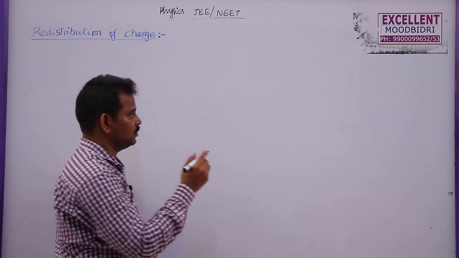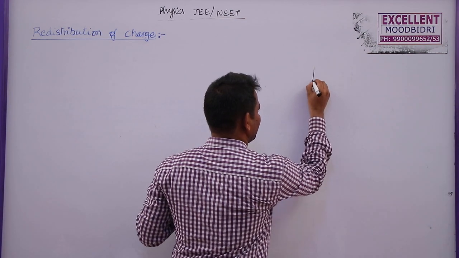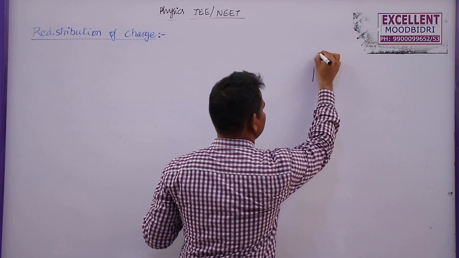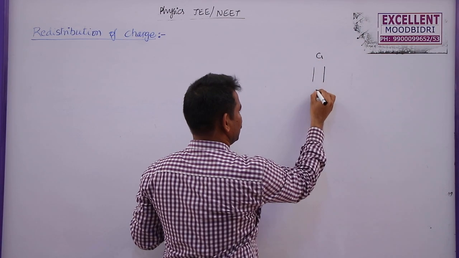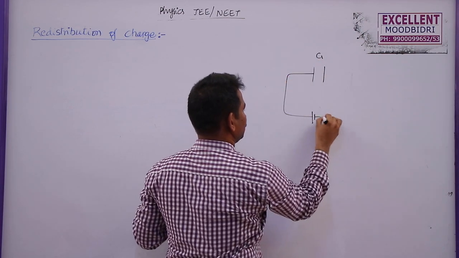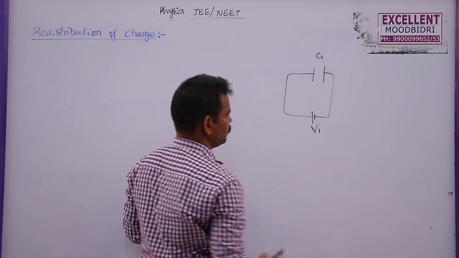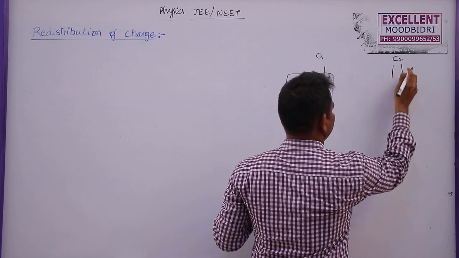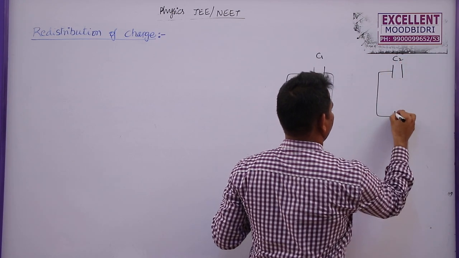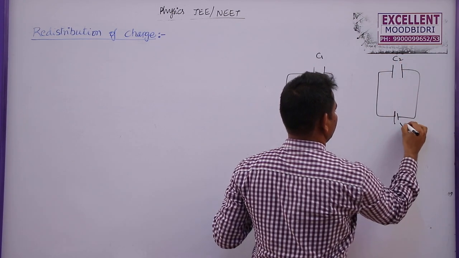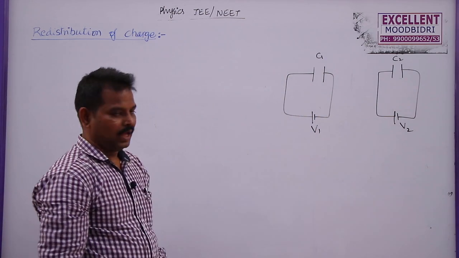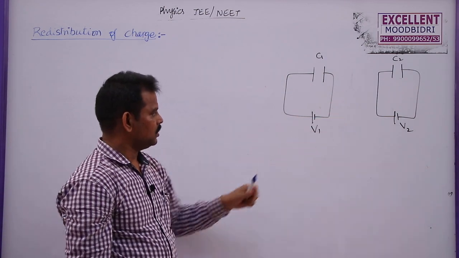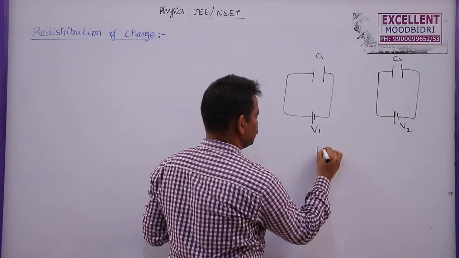Now, energy loss. Let me take one capacitor of capacitance C1 charged to a potential V1, and one more capacitor of capacity C2 charged to a potential V2. Now let us say these two batteries are disconnected and these two capacitors are connected like this.